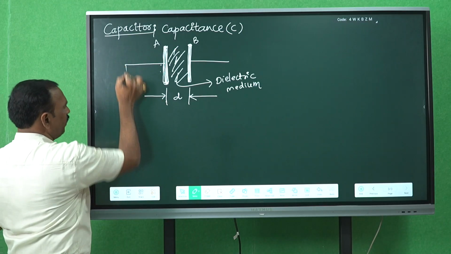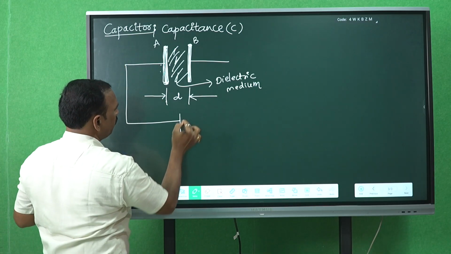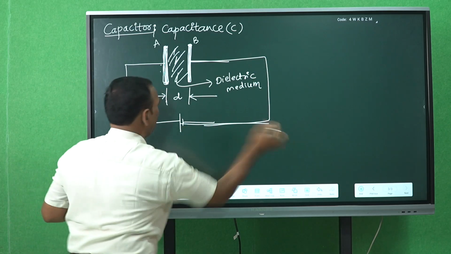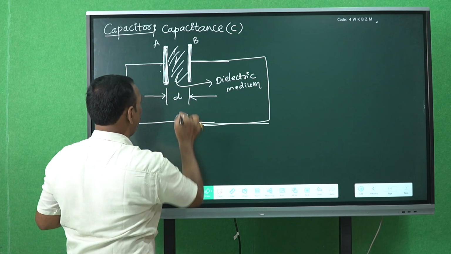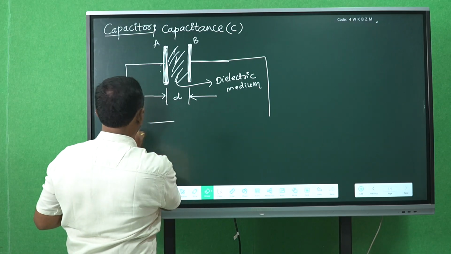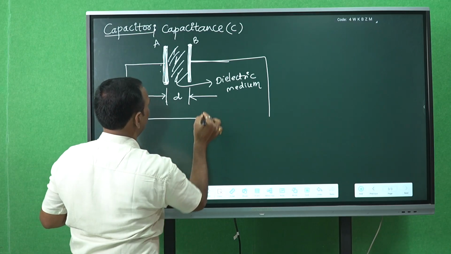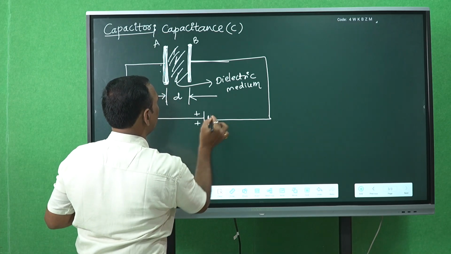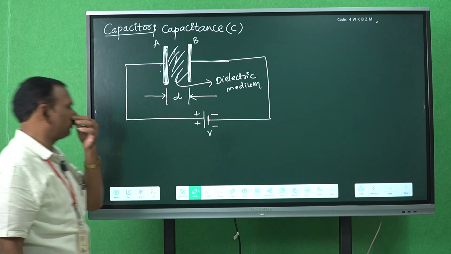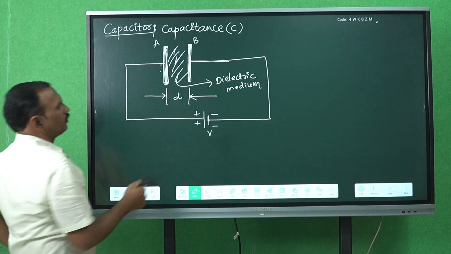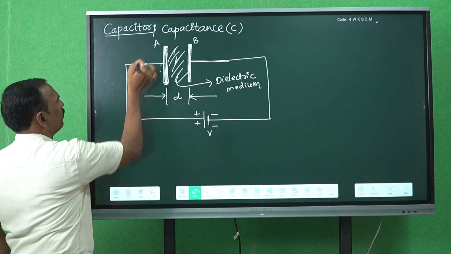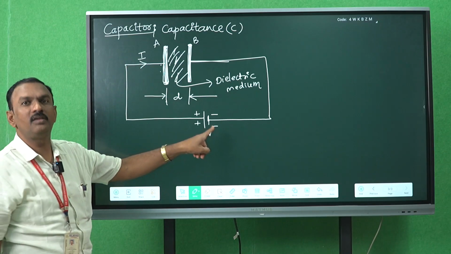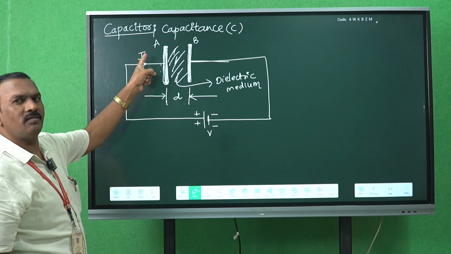For example, if it is connected to a supply of V volts, then current passes through the capacitor. Let us take this as a DC voltage. Now the current is also a DC current.